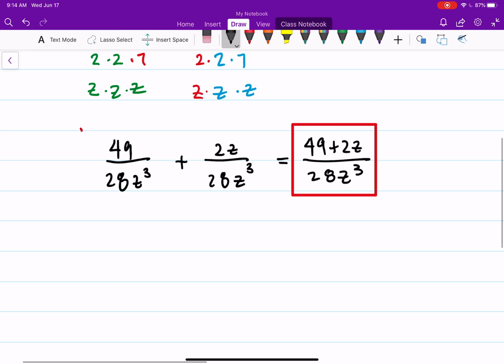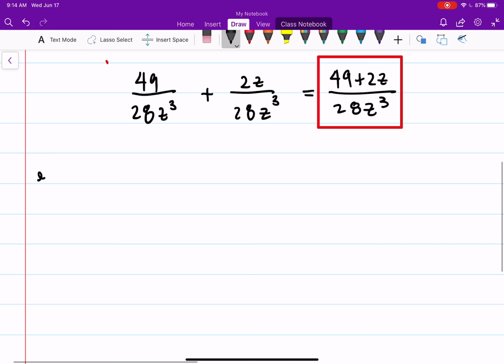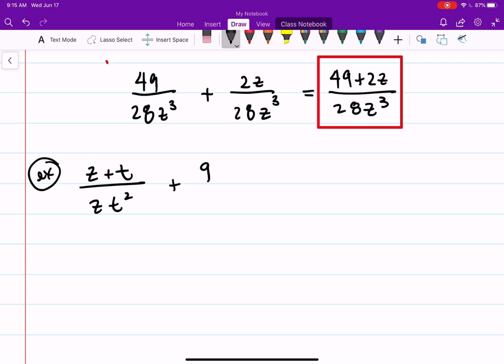All right, let's get to the next example. This one is going to be z plus t over zt squared, plus 9 times z plus t over z squared t.